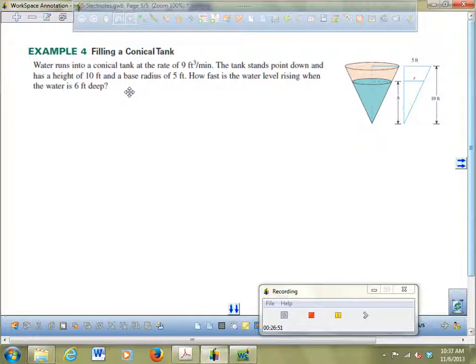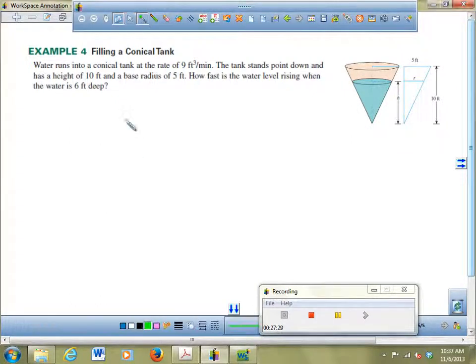But there are some conical tanks. Ice cream cone, yeah. Rocket ship would have a conical front to it, right? Or something. Okay, anyway.